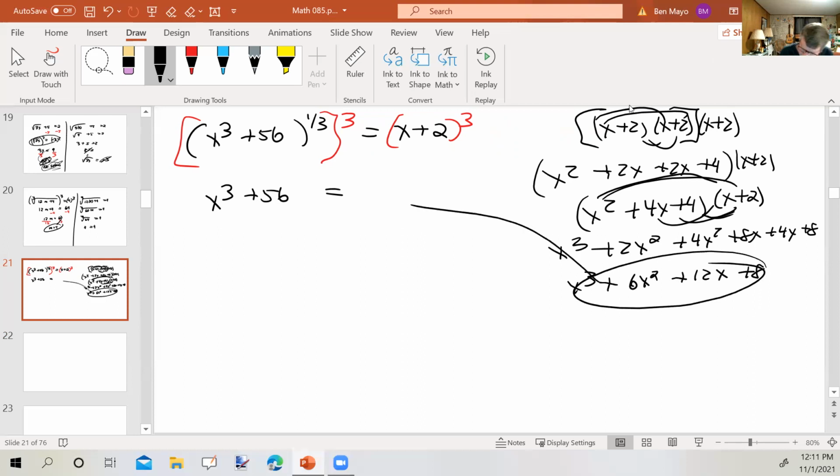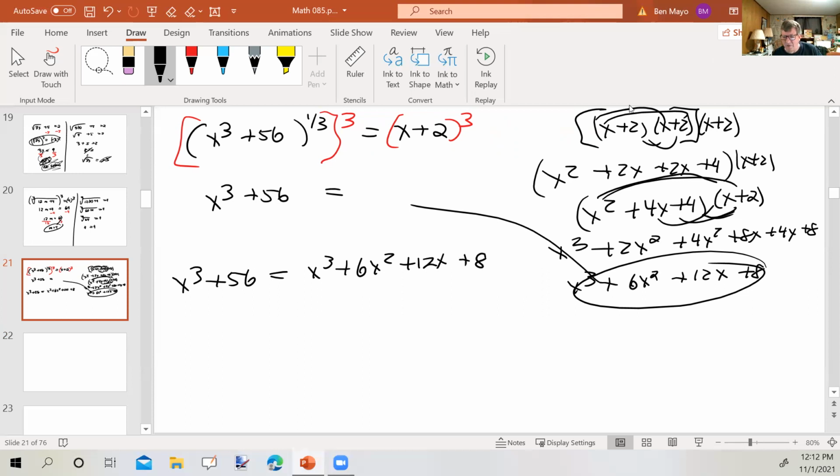And all of that's going to go up here, giving us this. X cubed plus 56 equals x cubed plus 6x squared plus 12x plus 8.